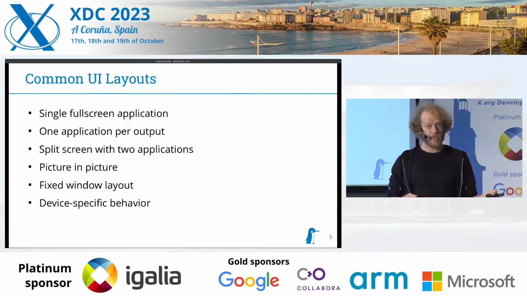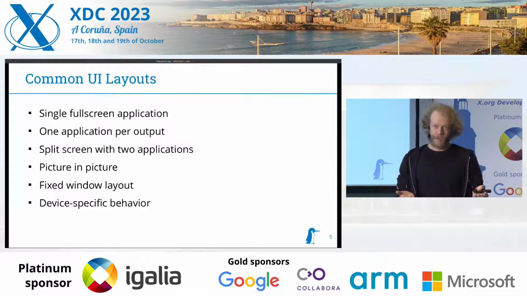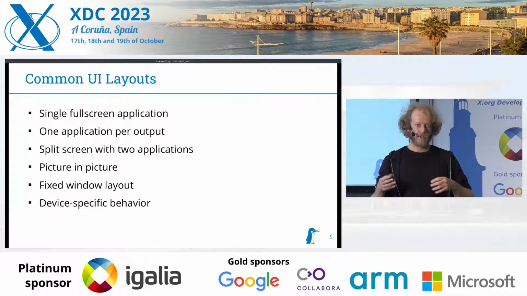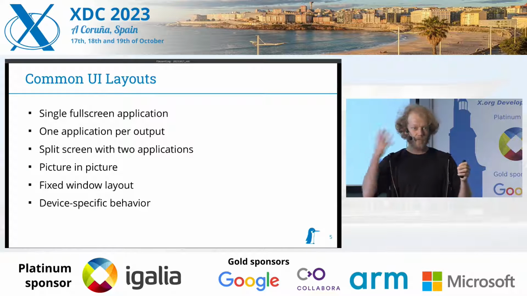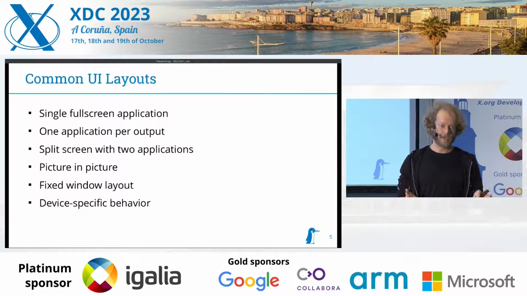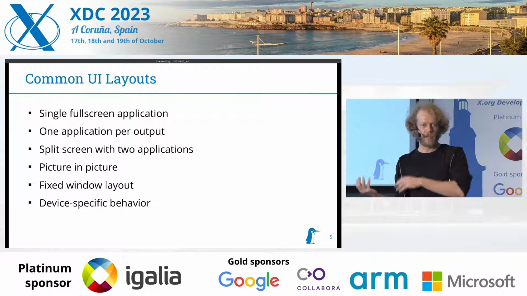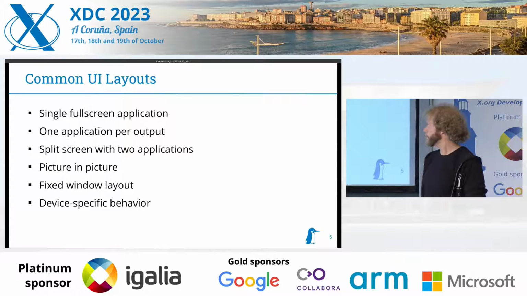Maybe you have two applications and you want them next to each other on the same display. Or you want to have a picture-in-picture that you have one big application covering the entire screen and some video stream or whatever just covering part of the screen. That's also very common for like having a camera streaming into part of your display.